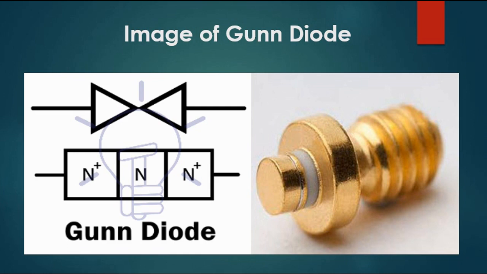So instead of being given positive and negative, it was all labeled positive legs. As in, the two terminals are called positive leg, but that does not mean that it has P-type material. So this is the symbol, this is the finished product image of the Gunn diode, how it looks.